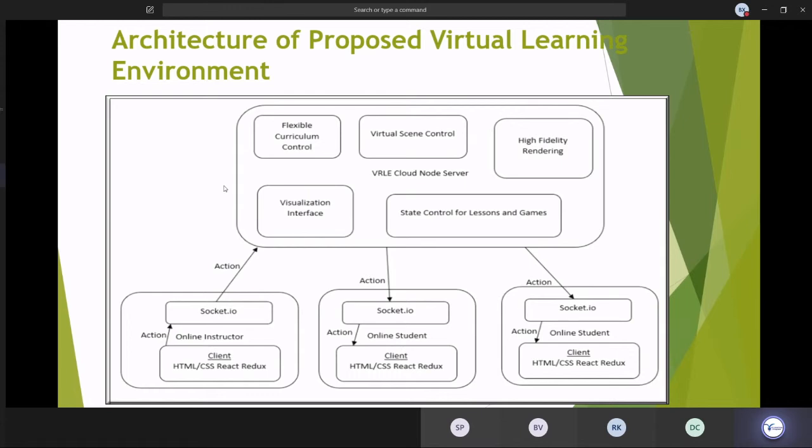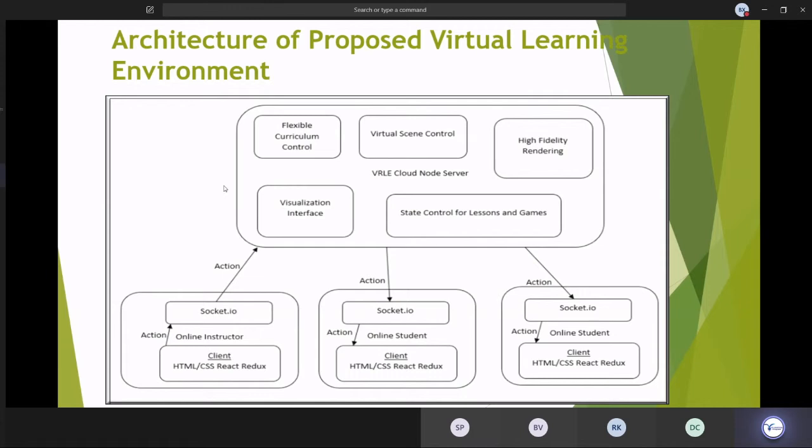The cloud node server incorporates various different parts which are needed for its proper functioning and the proper flow of the virtual reality learning environment.